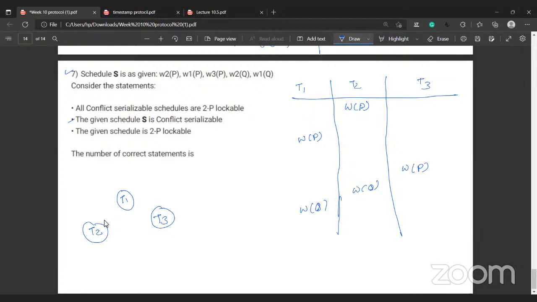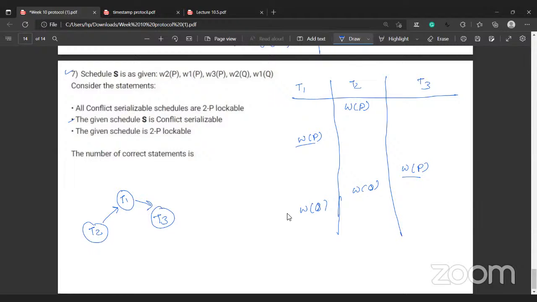Sir, T2 to T1 will be there. Okay, T2 to T1, because there is a conflicting instruction between T2 and T1. Then T1 to T3 will be there. Yes, T1 to T3, because you can see that WP and WP are conflicting instructions.